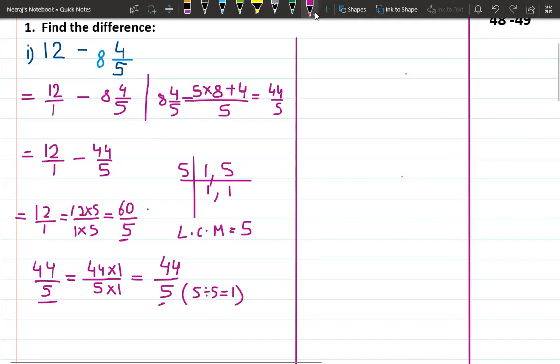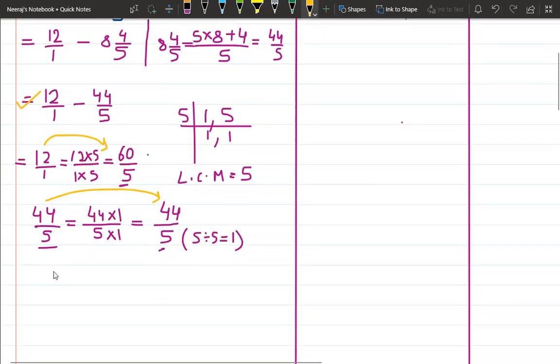What we are observing now: 12 by 1 minus 44 by 5 was the question. Now 12 by 1 has been converted into 60 by 5, and 44 by 5 is 44 by 5. Both denominators are 5 now.